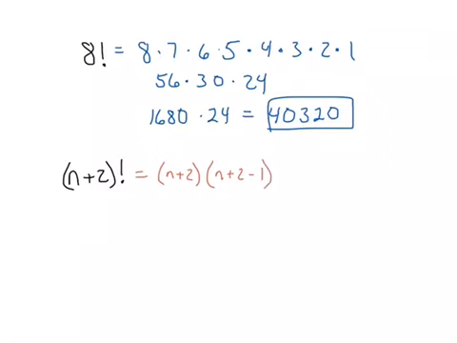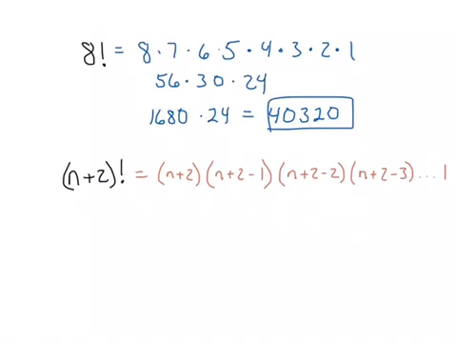And what's 1 less than that? Well, that'd be n plus 2 minus 2. And what's 1 less than that? Well, it would be n plus 2 minus 3. And we would keep going with this process until we got to 3 and 2 and 1.